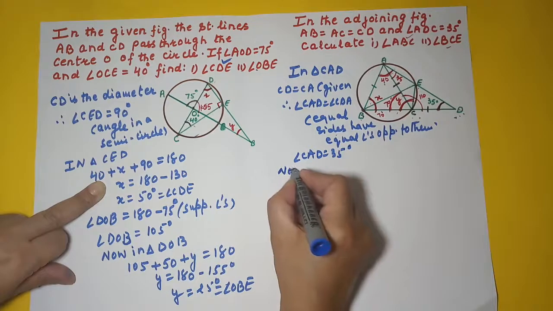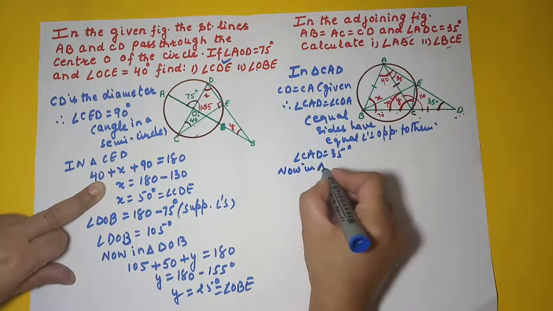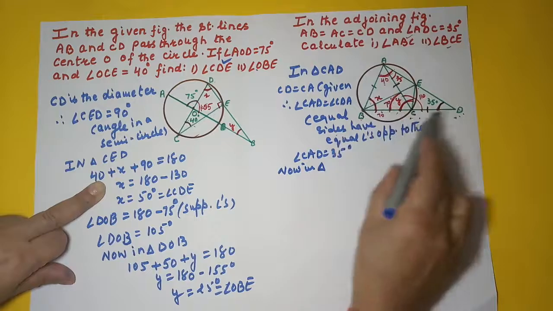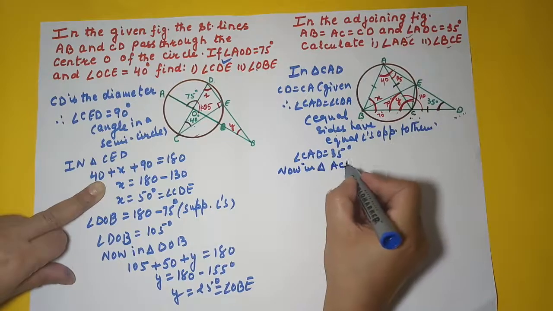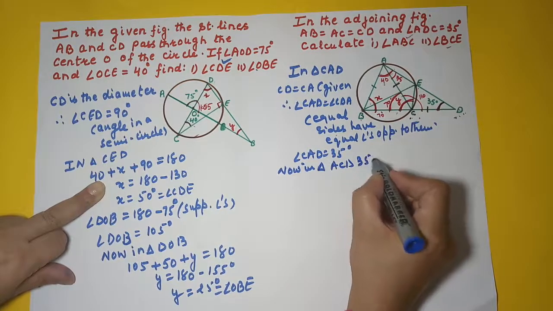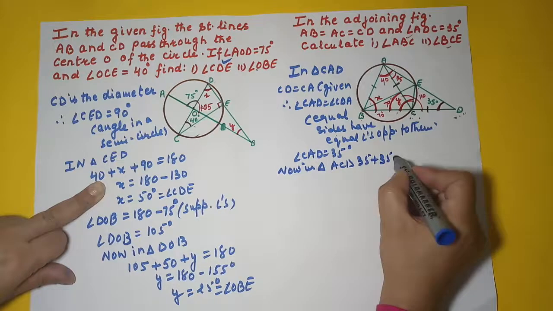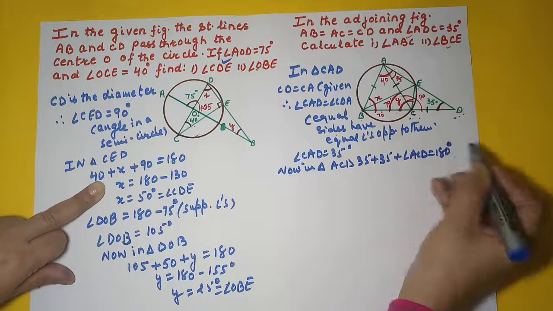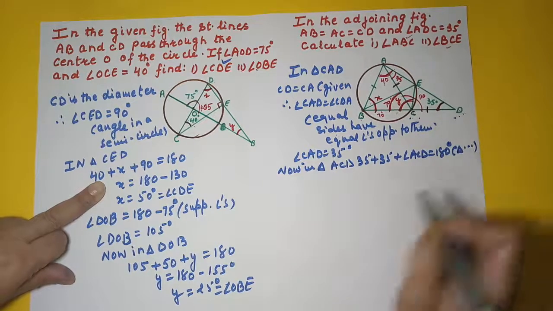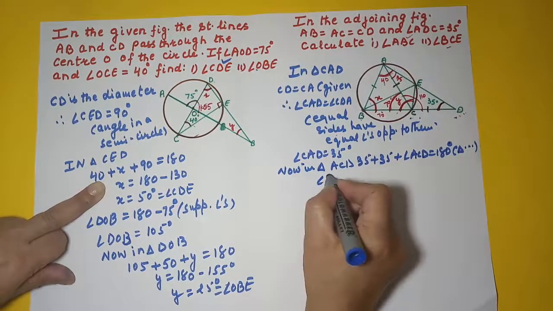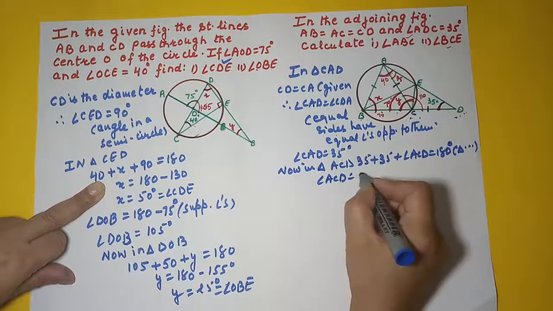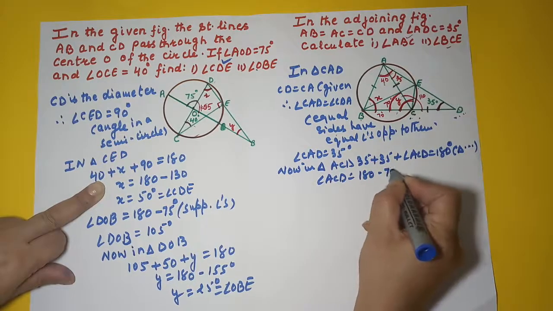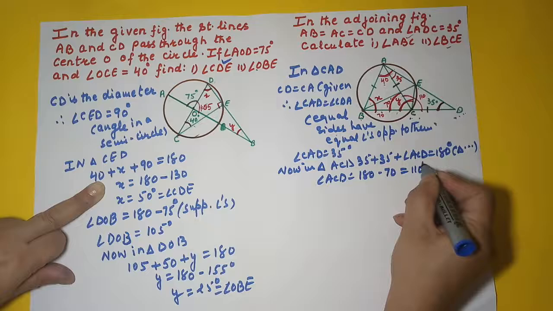Now, in triangle ACD, 35 plus 35 plus angle ACD is equal to 180. Triangle sum property. So angle ACD will be equal to 180 minus 70, which is 110, right?